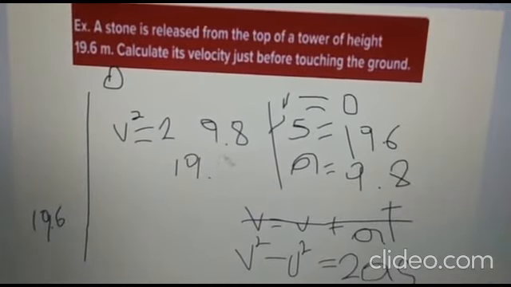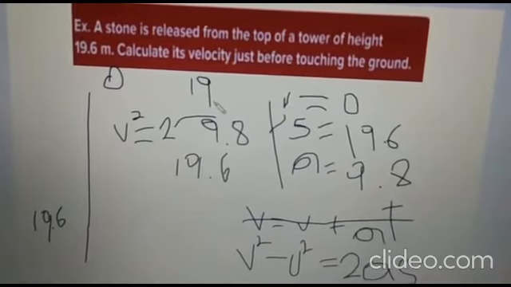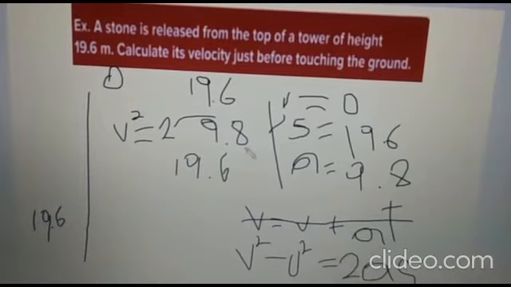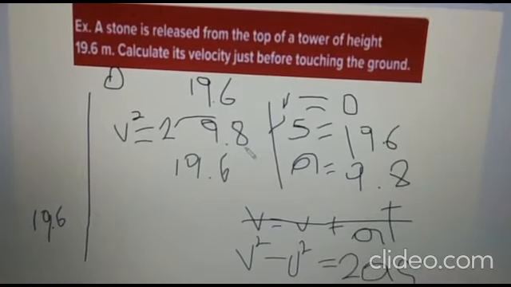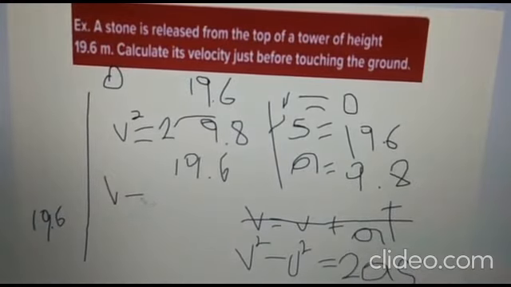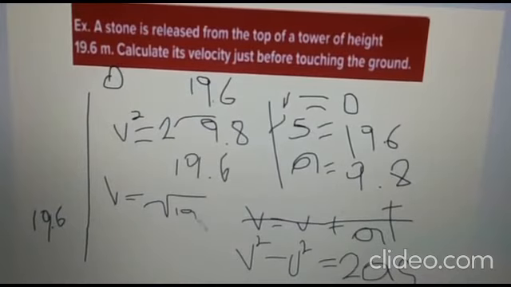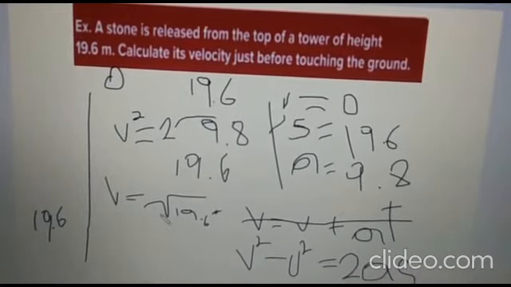First multiply these two; the answer would be also 19.6. Now 19.6 into 19.6 is nothing but 19.6 square, and it is v square. So v is equal to root of 19.6 square, which would be 19.6. So the final velocity is equal to 19.6 meter per second.